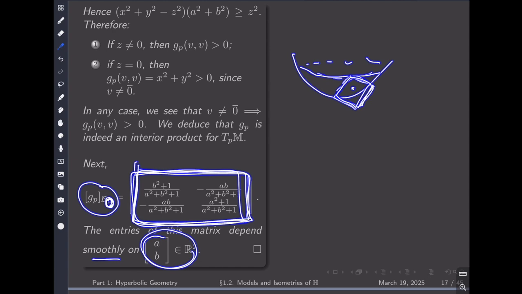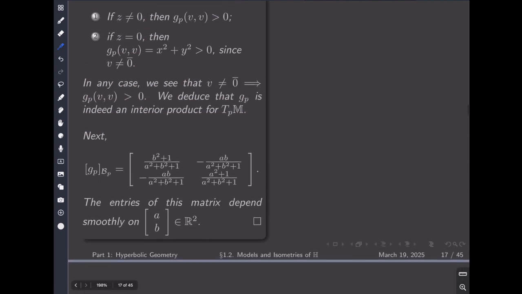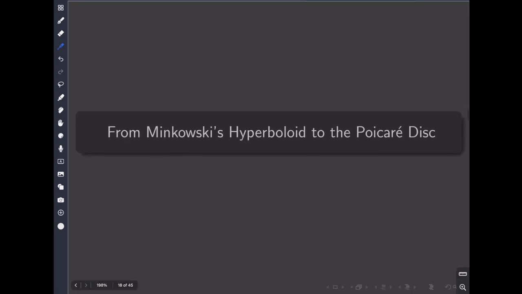So really what I have is a Riemannian manifold, because I have a differentiable manifold and an interior product on each tangent plane, and this interior product varies smoothly as the point varies. Okay. So this is a Riemannian manifold.